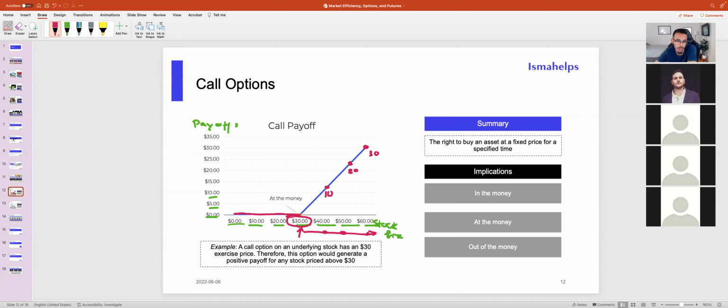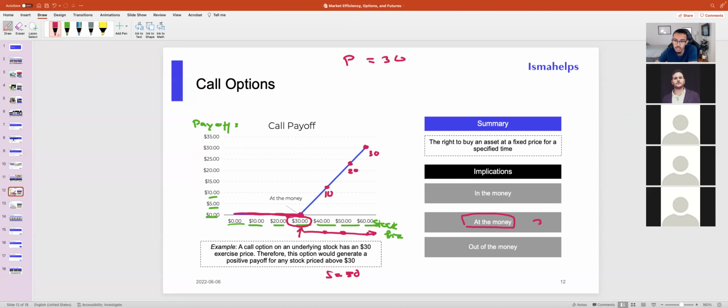So that's super cool. What I'd like to say here is that if the stock price is equal to the exercise price, we have what we call at the money. So assuming the strike price is 30 and the stock price, we'll call it P, is 30, you would have at the money.